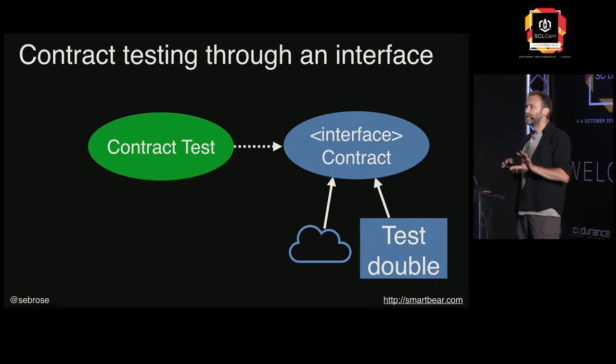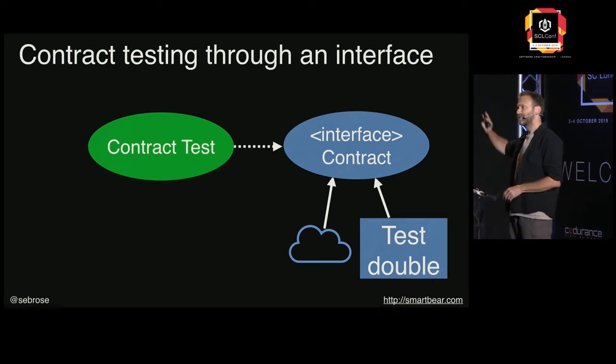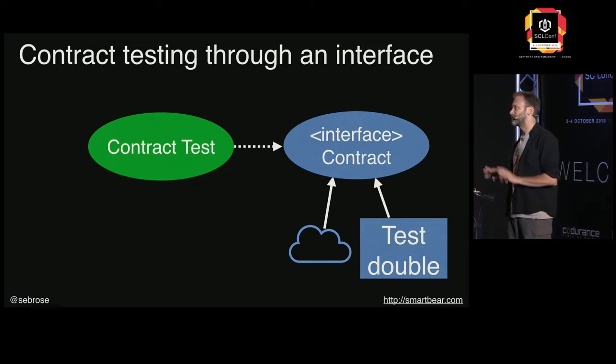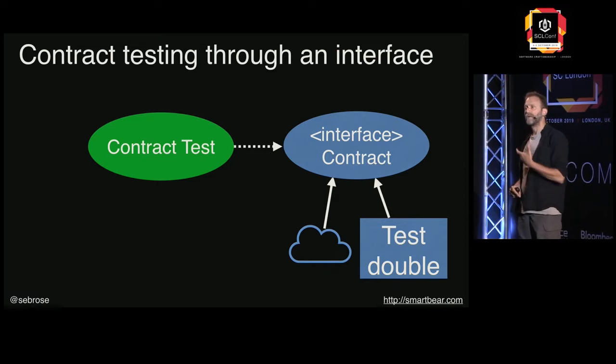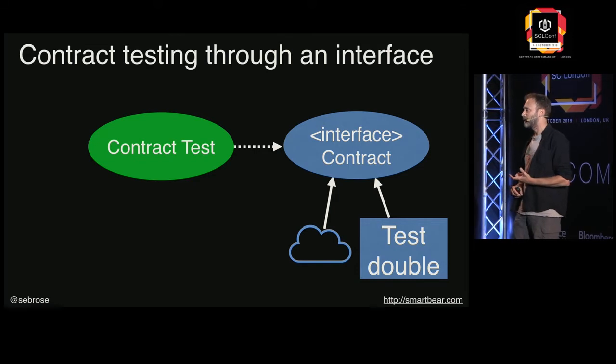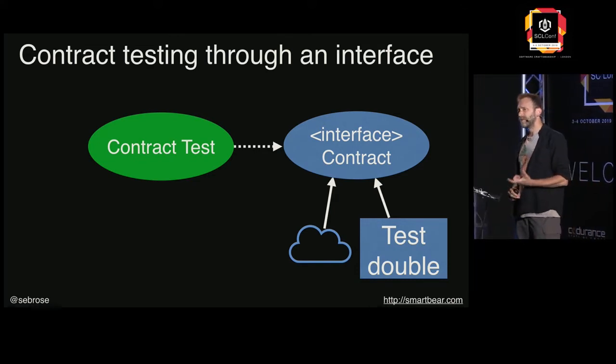To be clear, I'm not suggesting you have to go to S3 and tell them that they've got to implement your interface. That's not going to happen. What you need to do is wrap your access to dependent services or components in your own interface. This is generally good practice.